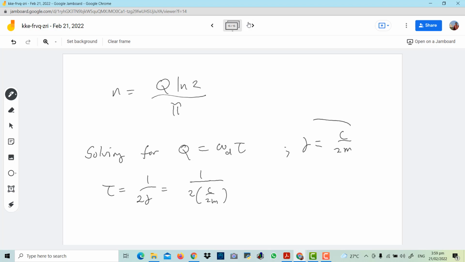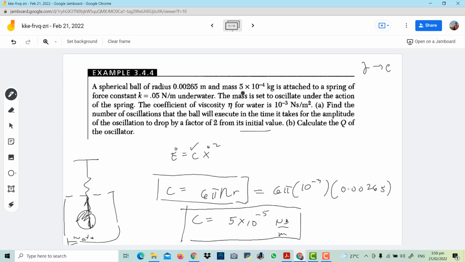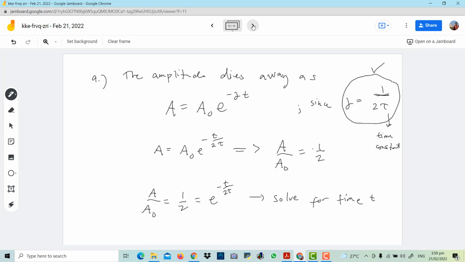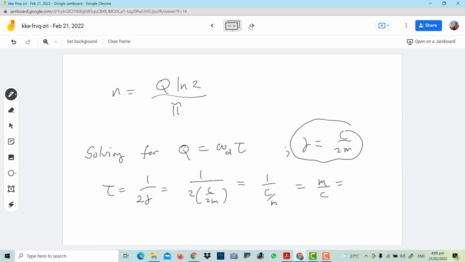So, 1 over c over m is just equal to m over c. And we know m is given, m is equal to 5 times 10 to the minus 4 kilogram.